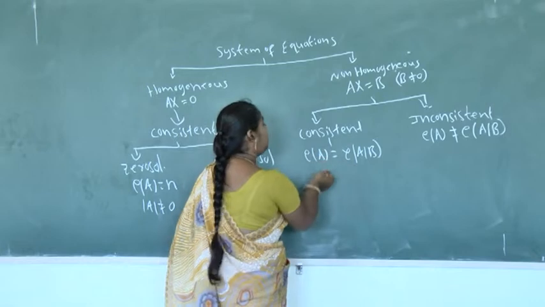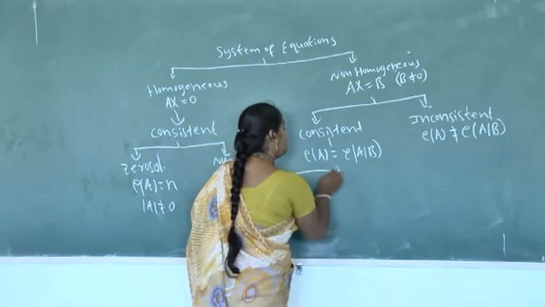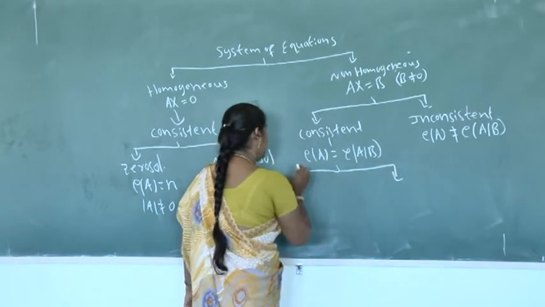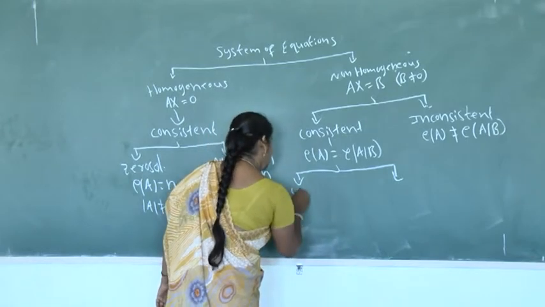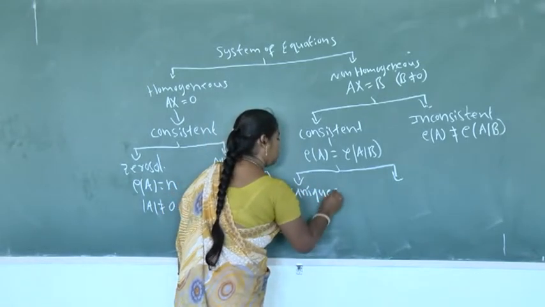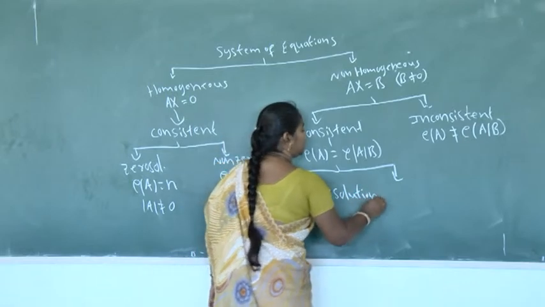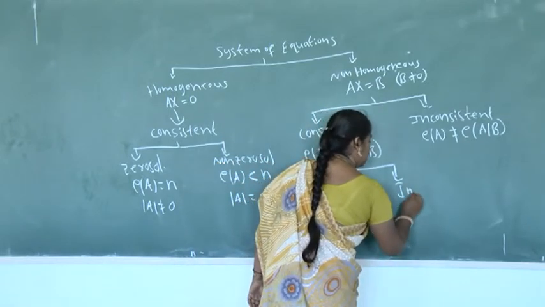Now coming to the consistent case, the solution is again of two types. The first one is a unique solution. The second one is an infinite number of solutions.